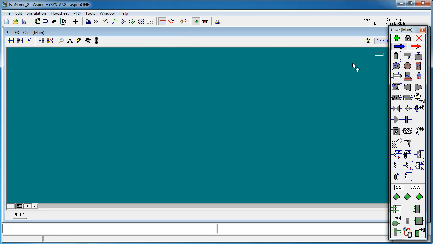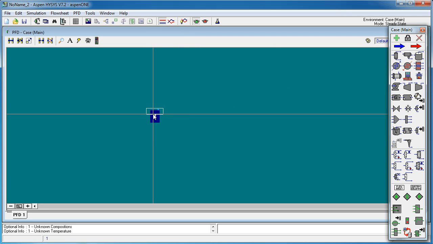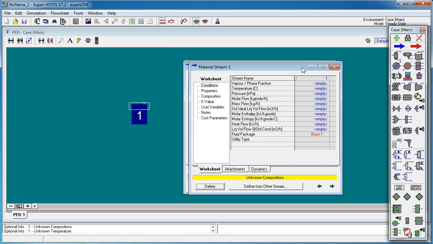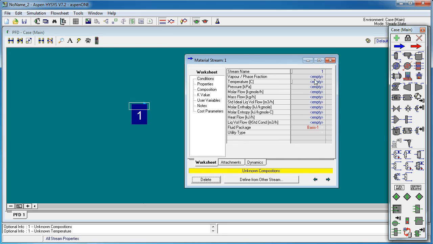So we're going to add a material flow stream to our page, and if we look at the conditions of that stream, we're going to call it saturated steam because it will carry saturated steam.